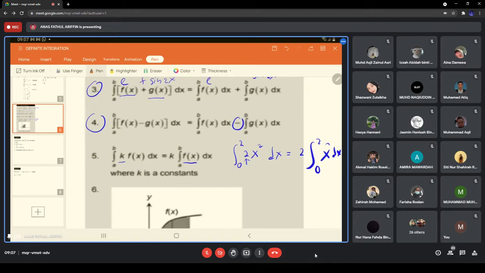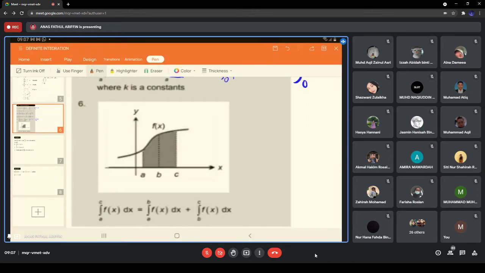And then number 6, okay, we have graph. Sekali saya kata kenapa kita buat integrations, because we want to find the area under the graph. For example, from a to c, so this is the interval which is the value of x. Okay, x here a and then to c. Now we want to integrate a to c. This one actually we can split. That means a to c, first we integrate from a to b first.